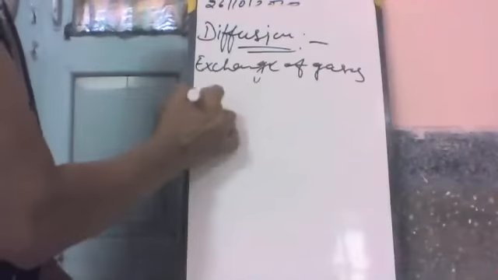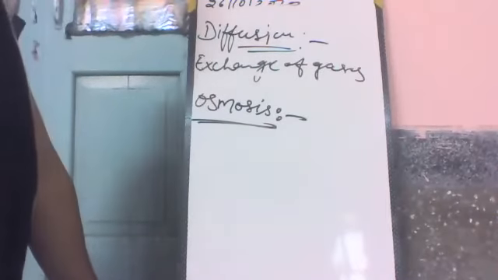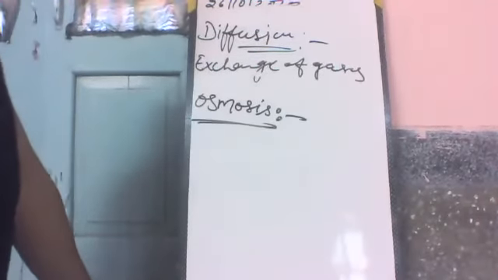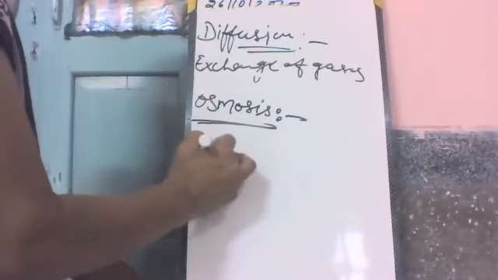The next is osmosis. The movement of water molecules from a region of higher concentration through a semi-permeable membrane to a region of lower concentration. What happens here?